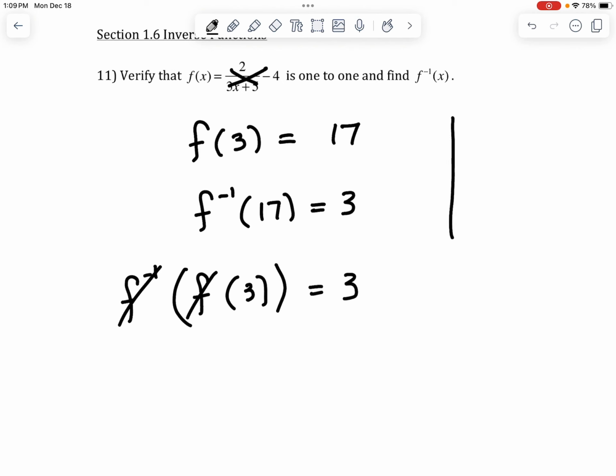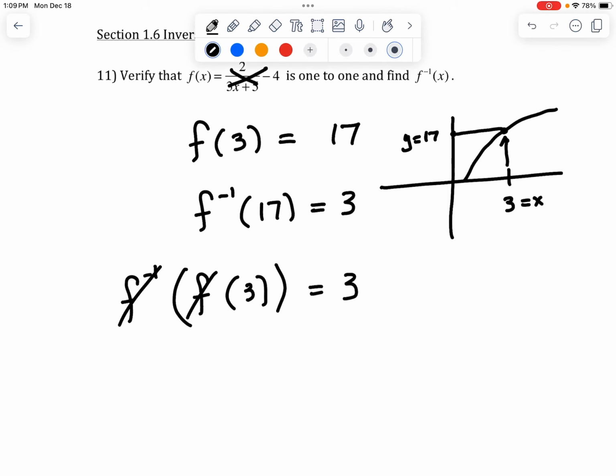Another way to look at it is if you look at a graph, so let's just make up some function, let's say it's like this. And you plug in 3, then it will take the x value of 3, plug it into the function, and then it will tell you the y value of 17.